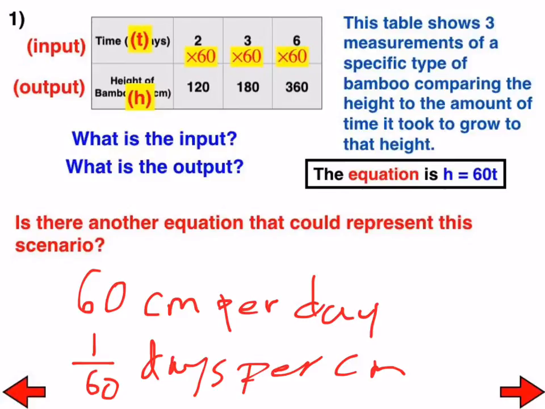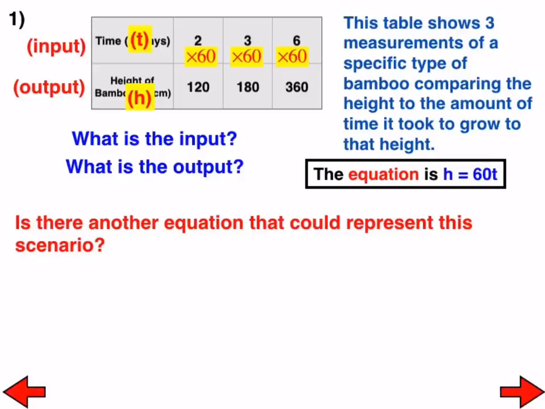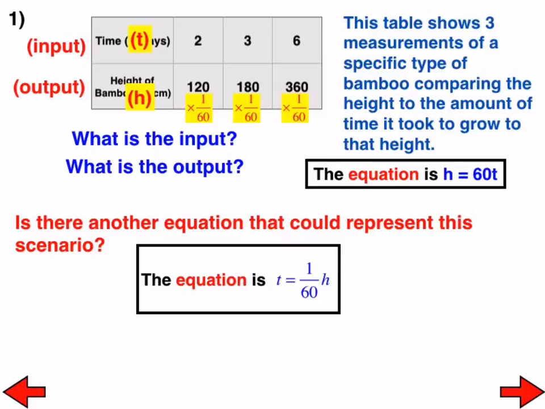Well, that other unit rate tells us or helps us find that other equation. Here's one of the equations, and that comes from this part right here. So now, what would the other equation look like? t equals 1/60th h. And all I'm doing, I'm showing you via a constant multiplier, even though I've already shown you by going backwards with the unit rate, that would be t equals 1/60th h.